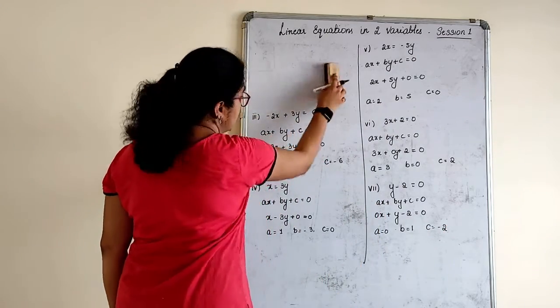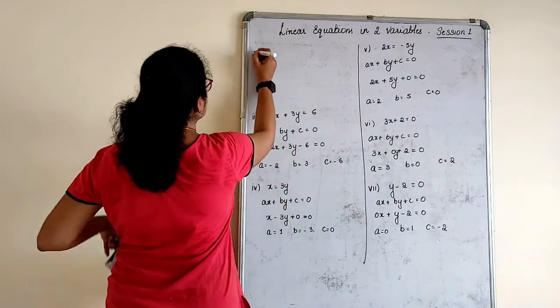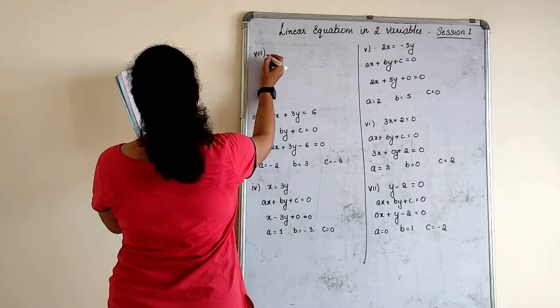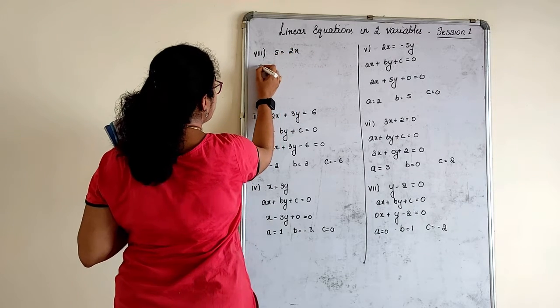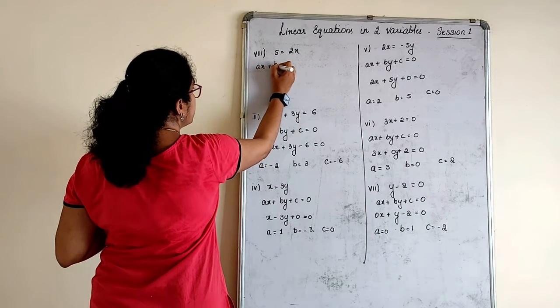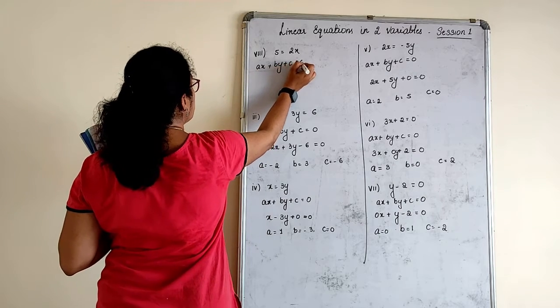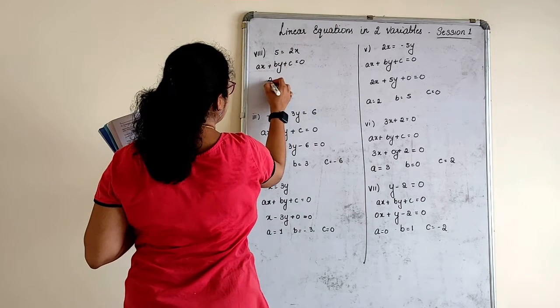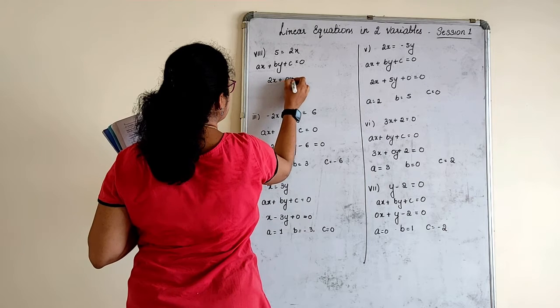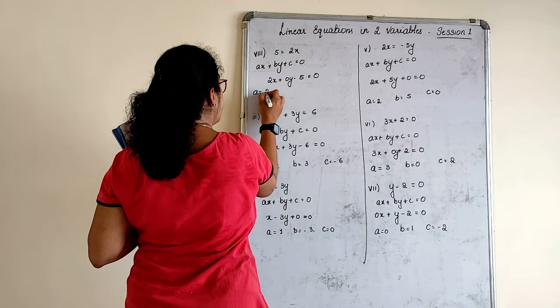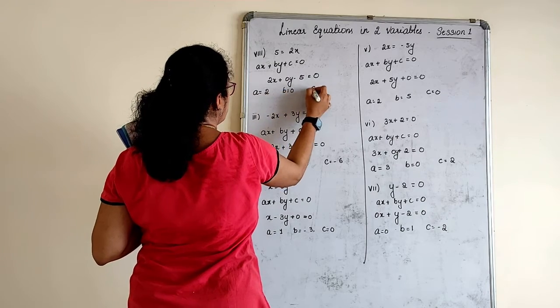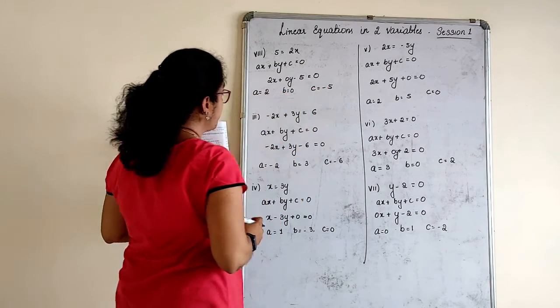And the last one, 8th one, 5 is equal to 2x. The standard form is ax plus by plus c is equal to 0. I will take 5 this side, 2x plus 0y minus 5 is equal to 0, where a is 2, b is 0 and c is minus 5.